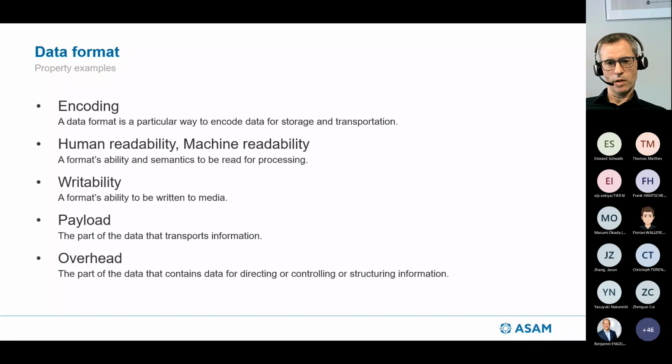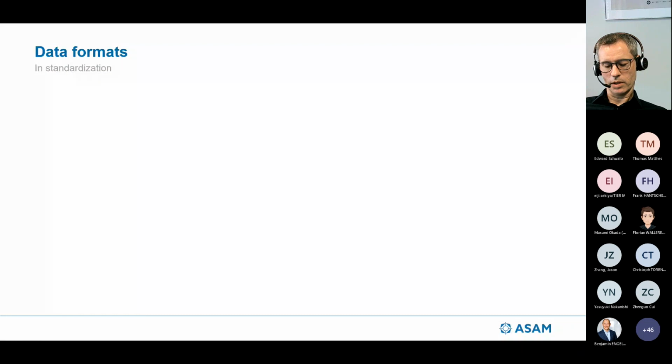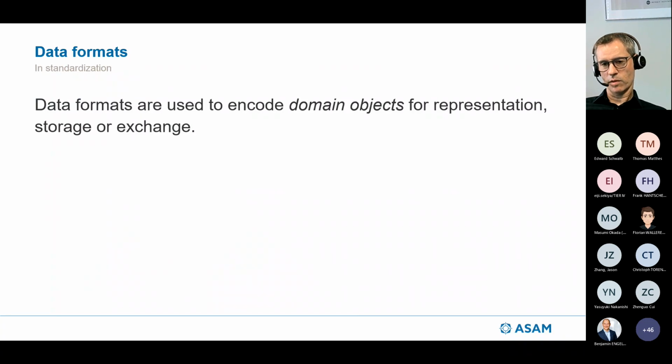Okay, these are just some properties, and now let's talk about what's data format in standardization. There are probably a couple of definitions, and I choose the one that's also very simple, I guess, and I think it applies 99% when we use data formats in standards. So data formats are used to encode domain objects for representation, storage, and exchange.